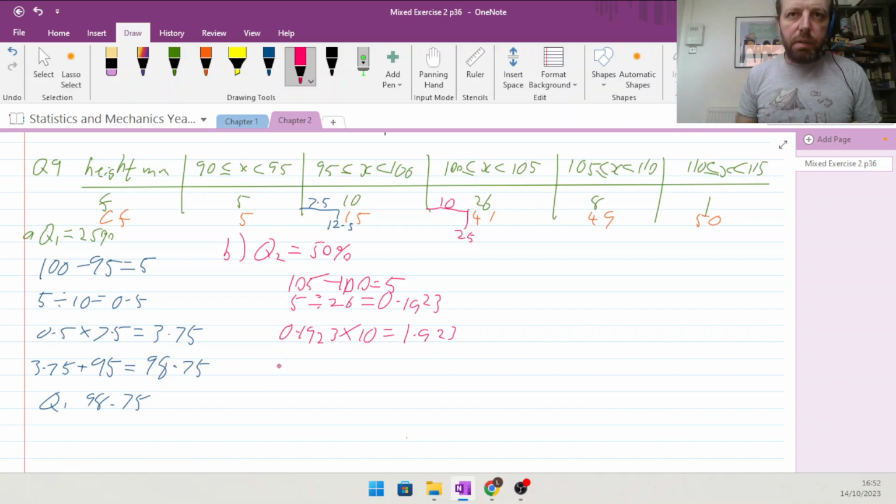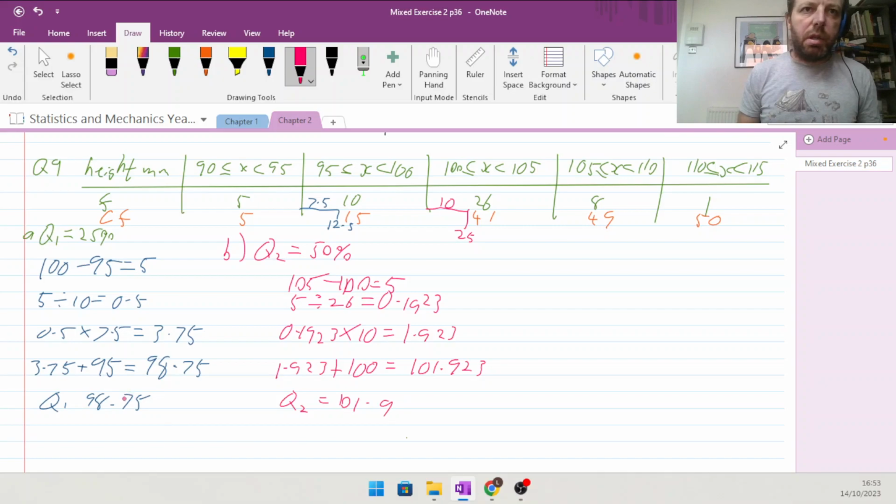Then we add that 1.923 onto the 100, the lower part of the class interval, and we get 101.923. So Q2 is 101.9. I probably should have done this one to 0.8, but nah.